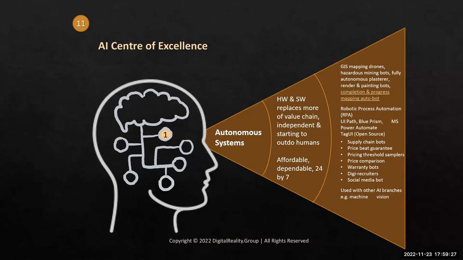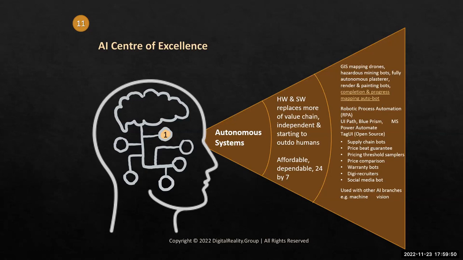So the first area is called autonomous systems. Autonomous systems are where hardware and software replace more of the value chain, independent and starting to outdo the humans. So basically, automating stuff. It's affordable, it's dependable, it's 24/7.